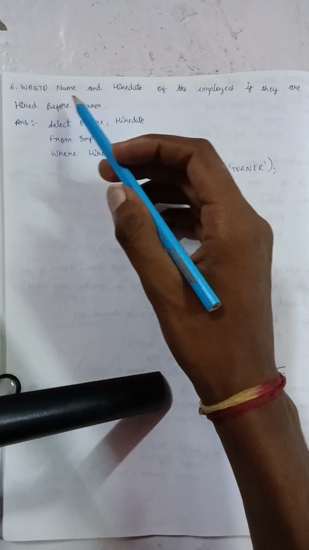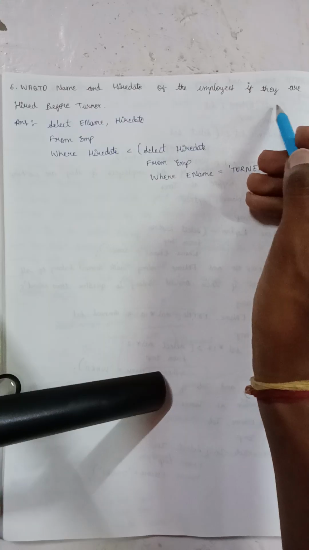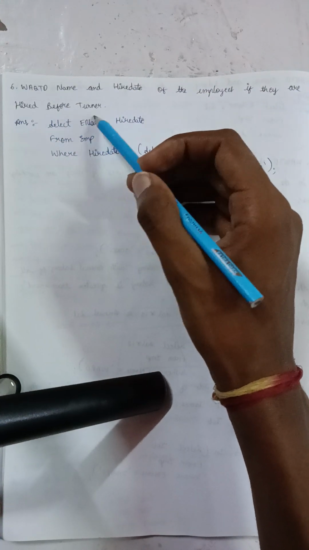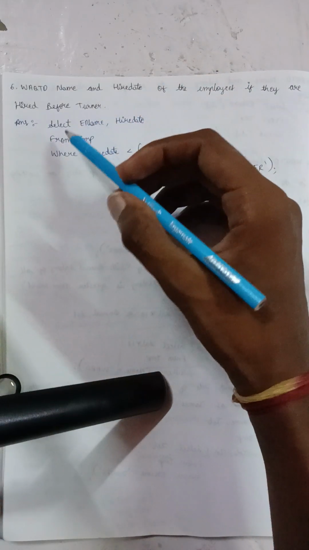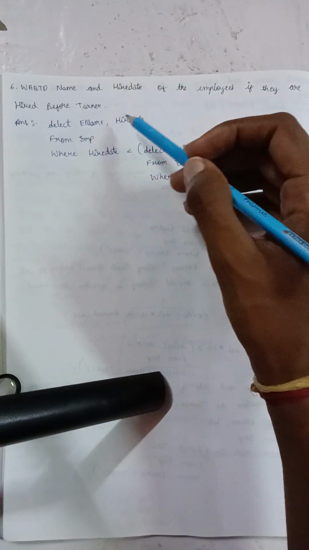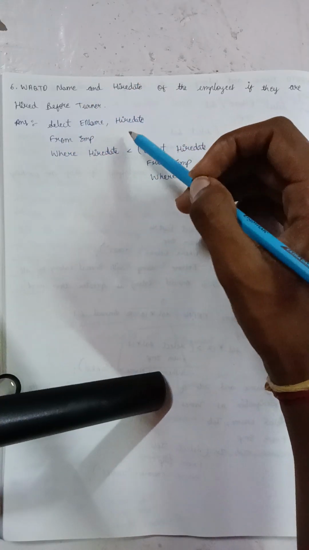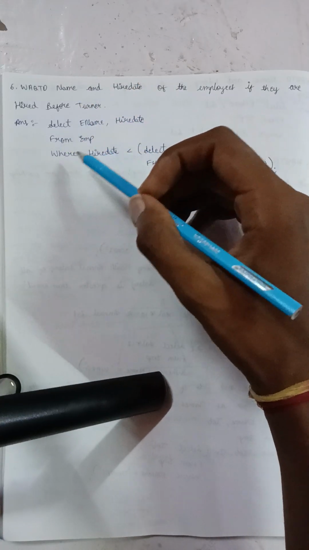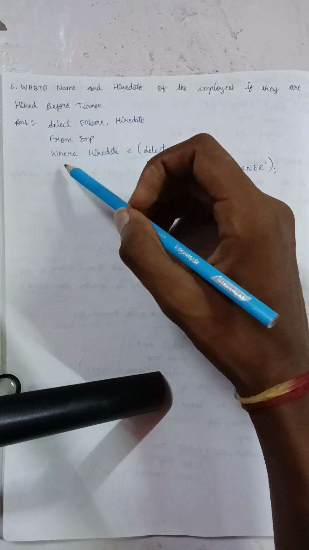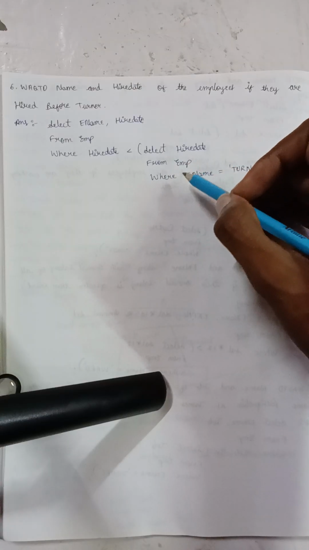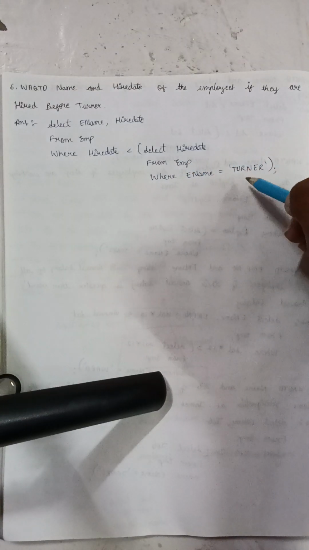Write a query to display name and hire date of the employees if they were hired before Turner. So here Turner's hire date is unknown. Select ename, hire date, because we want the name and hire date, from the EMP employee table, where hire date less than (select hire date from EMP where ename is equal to Turner).